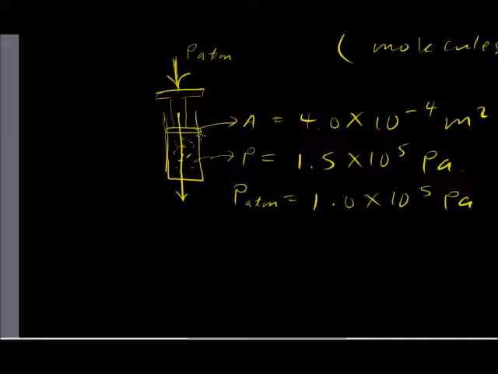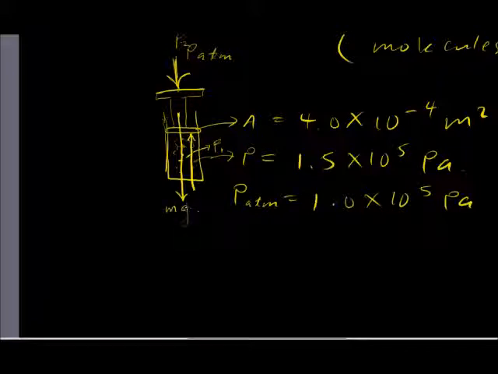The force which goes against the gravitational pull is provided by the air trapped within the cylinder. Let's call it F1, and this is F2.